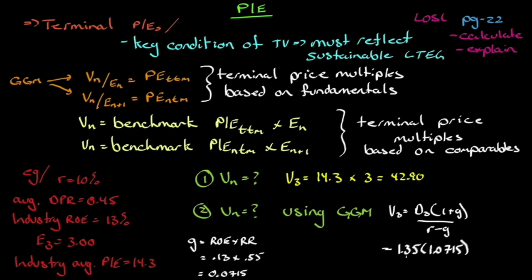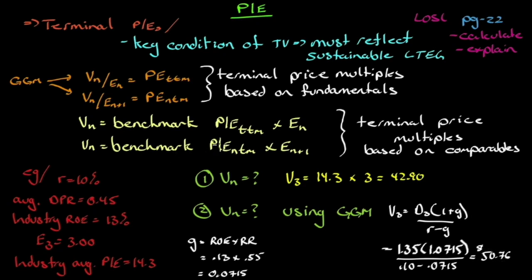So let's go ahead and put 3 times 1.0715 over 0.10 minus 0.0715. That will give us 50.76. So that would be the terminal value we arrive at with a Gordon growth model, given these assumptions that we have, 50.76.